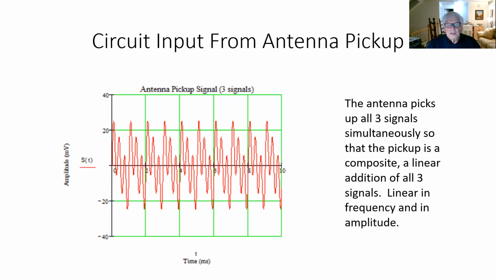And that's what it would look like, for example, okay? You can see you've got different peak voltages and different frequencies. They occur at different timing. But we pick up all 3 simultaneously, and we have a composite, a linear addition of all 3 signals. They're all added together in a linear fashion.